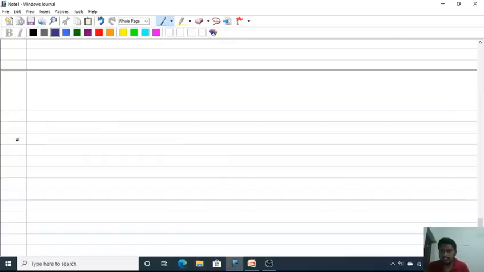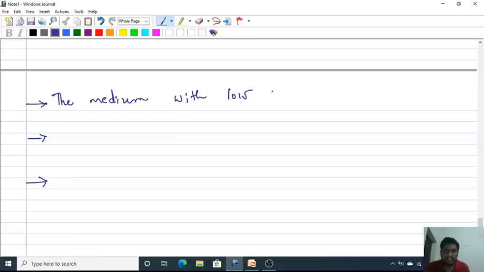Before that, I want to discuss a few points here. How can you decide whether a medium is rarer or denser? By its refractive index value. The medium with low refractive index, low n, is known as a rarer medium.